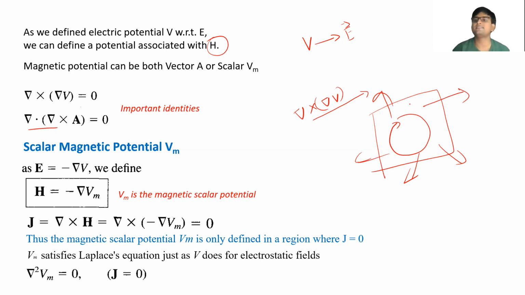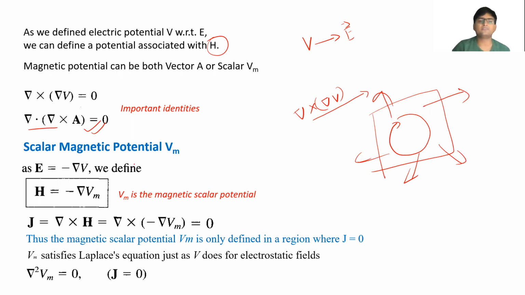But since this vector is circular, which is del cross A, it is always going to come back, right? So it is not diverging out or coming inside. So the divergence of curl of a vector is always going to be 0. We will be using these two identities for our purpose.